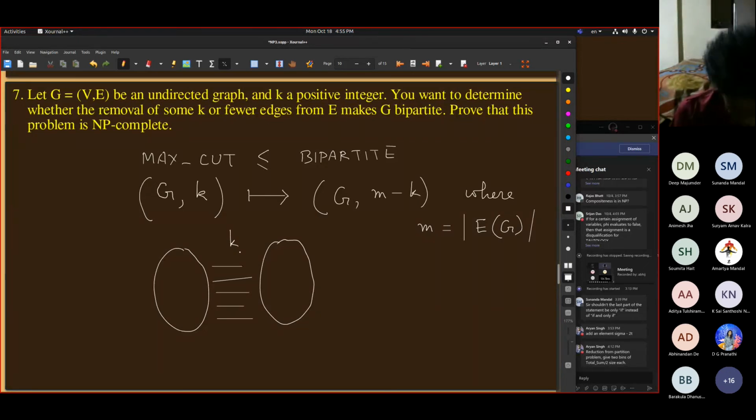If I remove the remaining M minus K edges, which connect vertices within the same part, then the graph becomes bipartite. And conversely, if by removing edges I can have a bipartite graph, then this is definitely a cut of size K. So this is essentially the same problem.